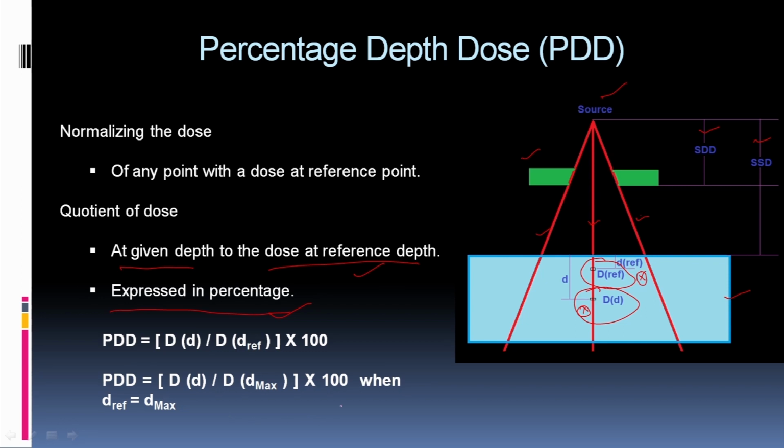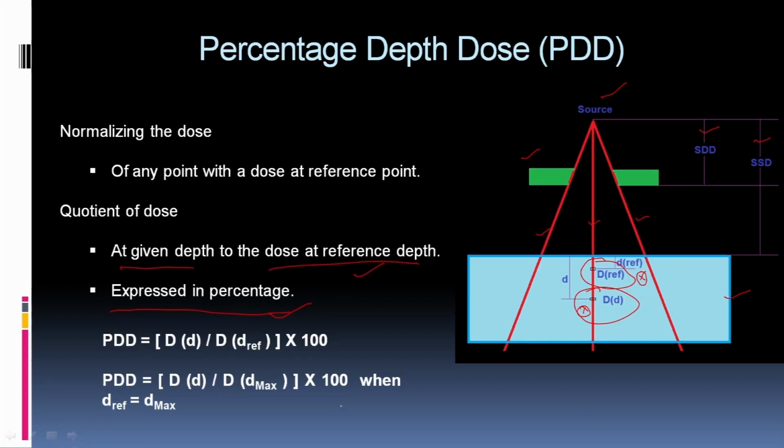We normally use the depth of dose maximum as the reference depth. One may use a reference depth of 5 centimeters, 10 centimeters, or whatever they want. But this is normalizing the dose at any depth to the dose at the reference depth and expressed as a percentage.